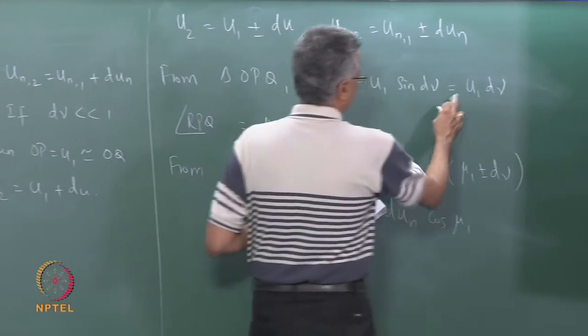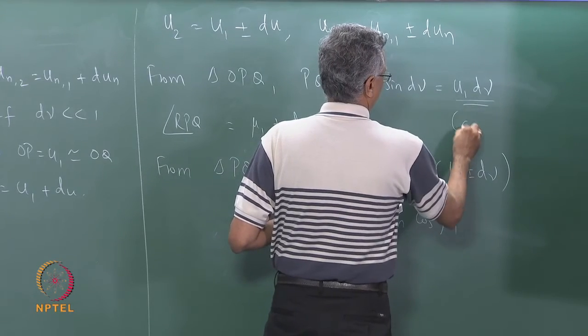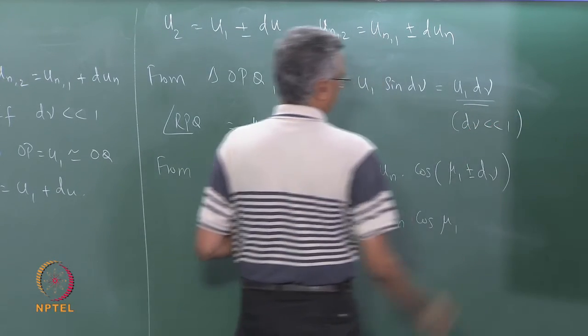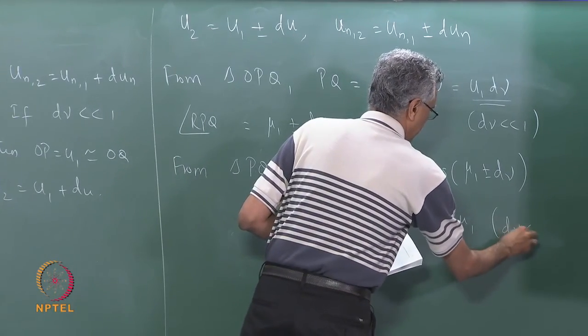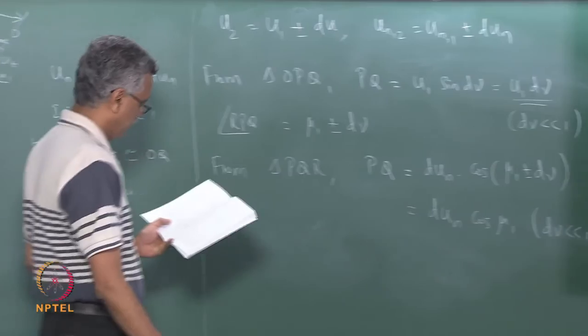Right. So, we are making use of the fact that d nu is very small in this case, and we are making use of the fact that d nu is very small here also.